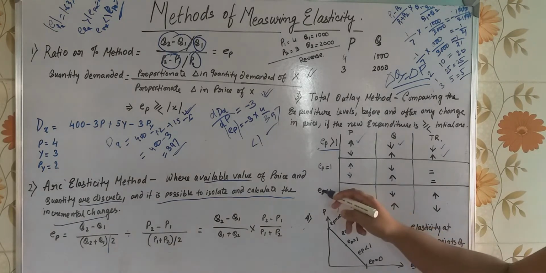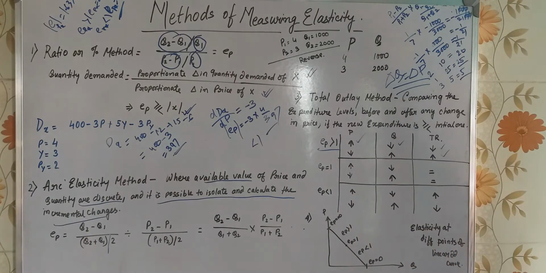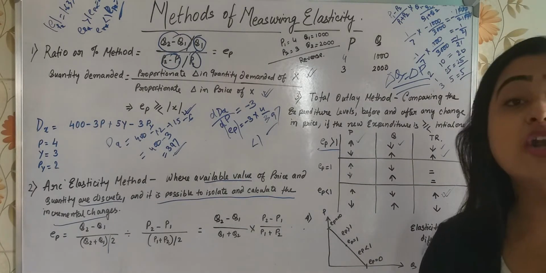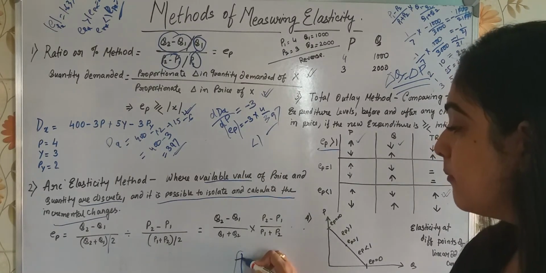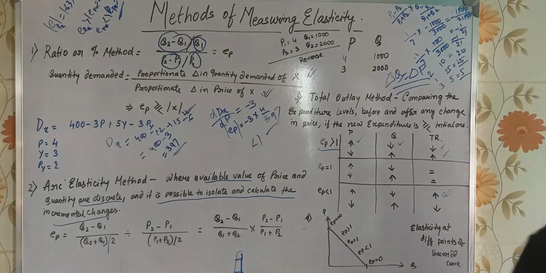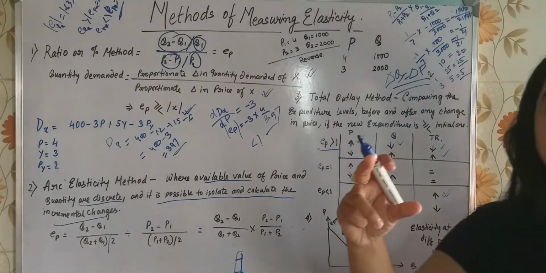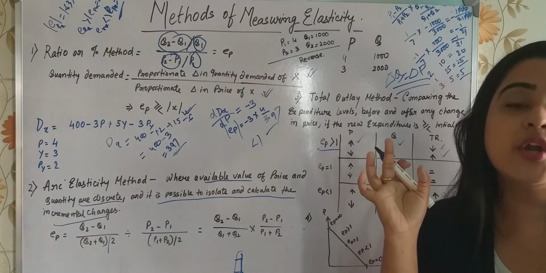Next is EP is less than 1, which means if price is increasing, quantity is decreasing, total revenue will increase. Why? Because it is inelastic, so it is like this, steeper. We made a lot of change in price, so only a little change happened in quantity. Okay, lot of change in the price leads to little bit change in the quantity demanded.